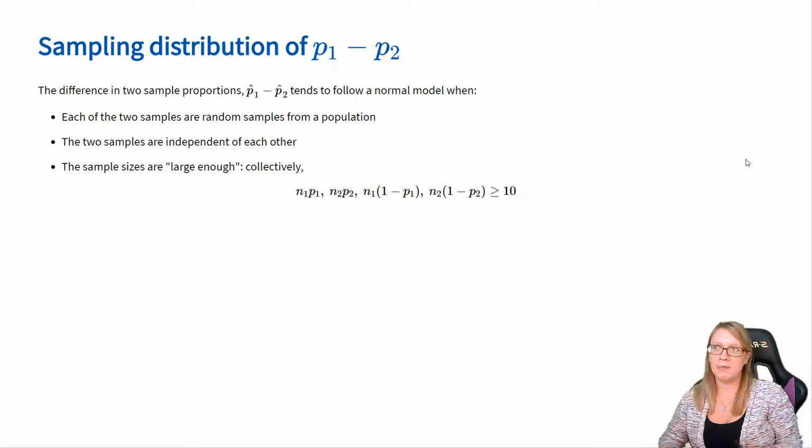And here's what we mean by that. When the number in sample 1, N1 times P1, N2 times P2, N1 times 1 minus P1, N2 times 1 minus P2, if those are all greater than 10, it turns out that this normal approximation is a pretty good fit.